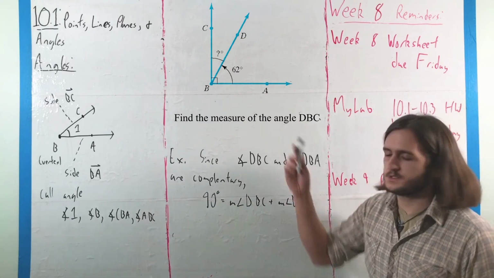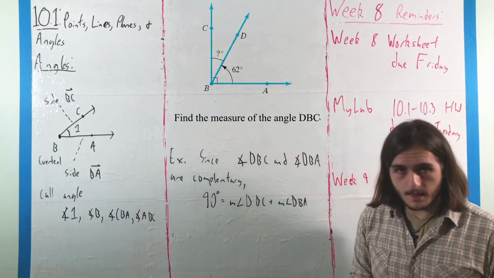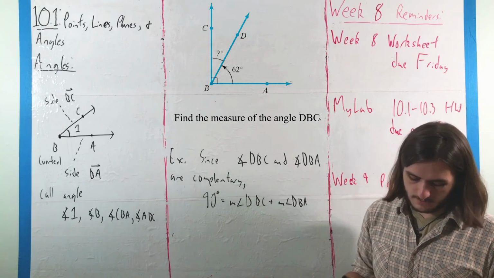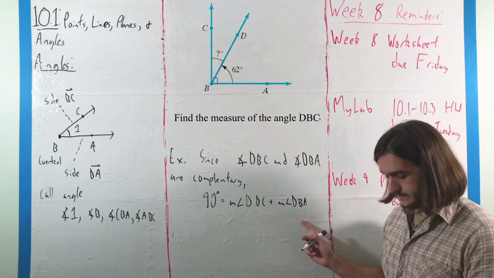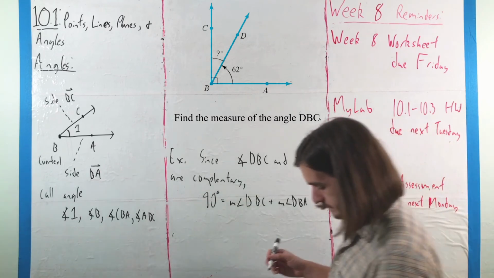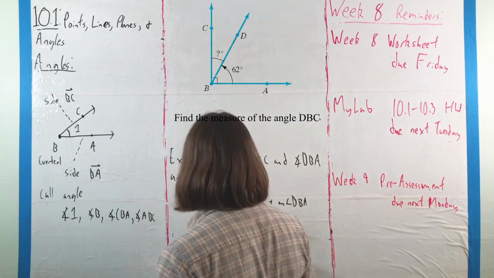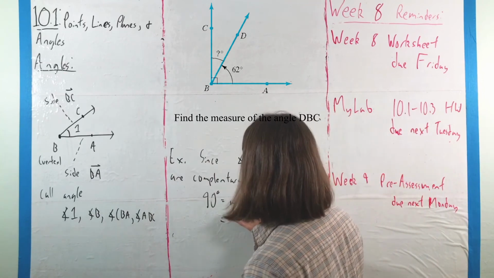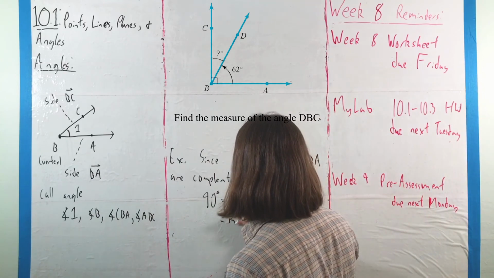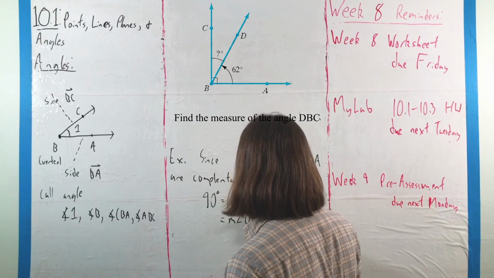Then what we can do is pay close attention to what we have given in those angles. The value that is actually given there is the measure of DBA. So if we want to work with this, what we can do is leave that measure DBC alone for a while.